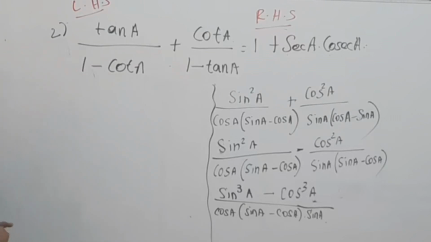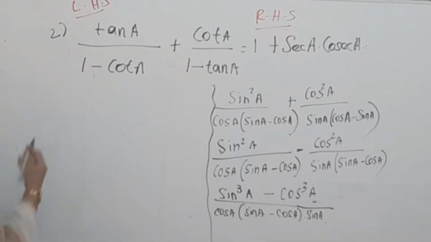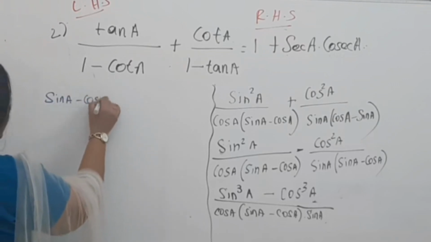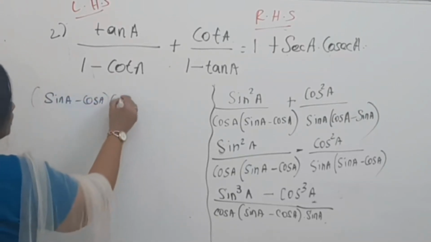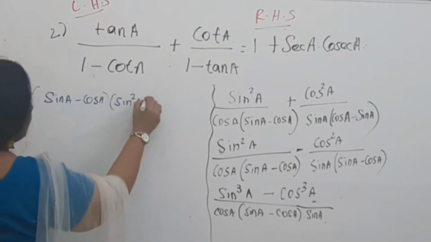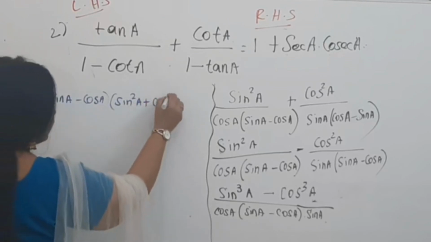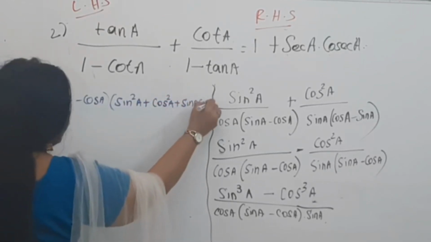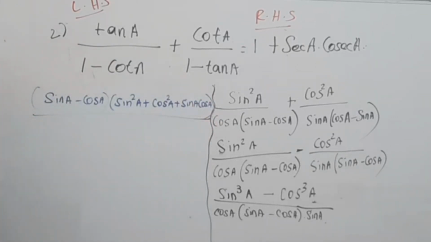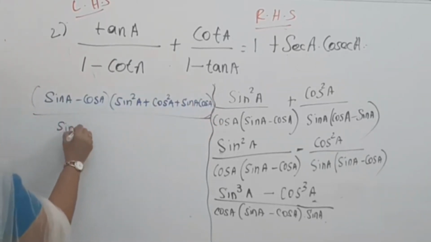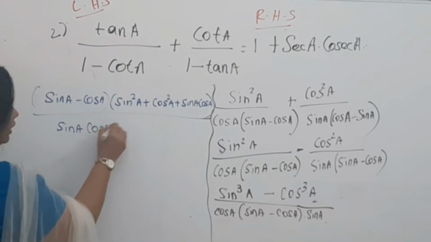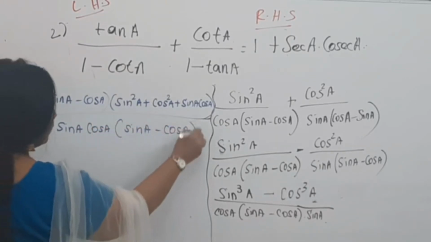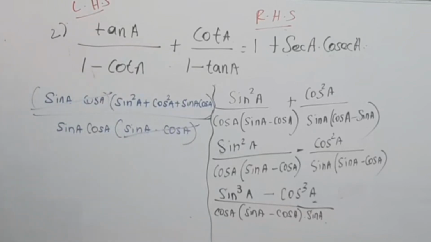That is, I have (a minus b), which is (sine A minus cos A) into (a square plus b square plus ab), that is sine square A plus cos square A plus sine A cos A, the whole thing divided by sine A into cos A into (sine A minus cos A). Hope you get my point, get cancelling.